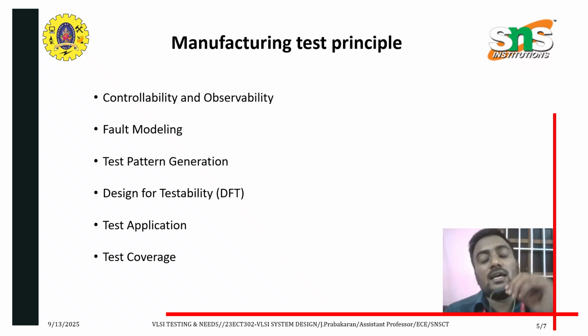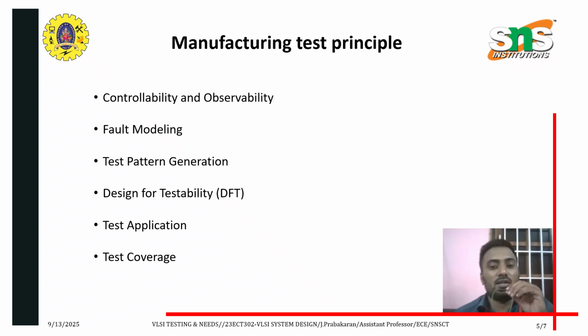And last thing is test coverage. The effectiveness of a test is measured by the percentage of modeled faults detected, which means high coverage equals a more reliable product. This is called test coverage.